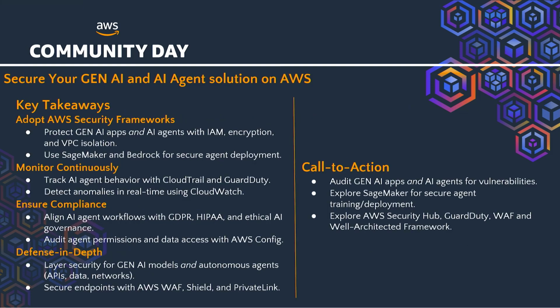So here's a summary. How do you secure your Gen AI agents and AI agent solution on AWS based on everything that we looked at? Use SageMaker and Bedrock for secure agent deployment. Track AI agent behavior on CloudTrail and GuardDuty. Use CloudWatch.